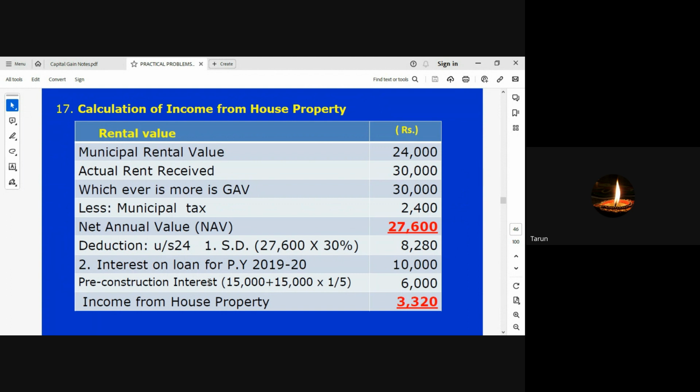It is necessary to consider the standard deduction under section 24, and that rule says 30% of the NAV, that is the net annual value, needs to be considered and estimated, so that accordingly you can calculate the income from house property.